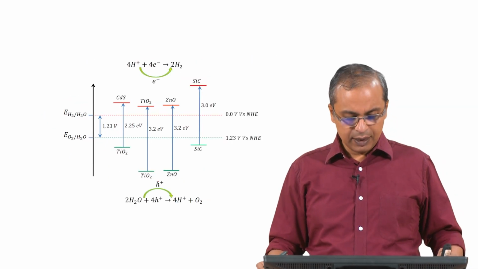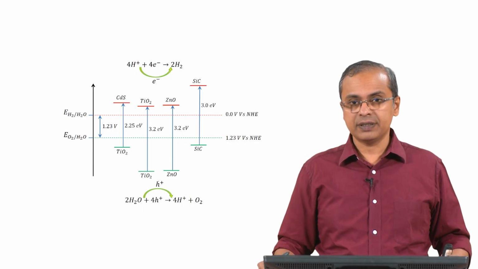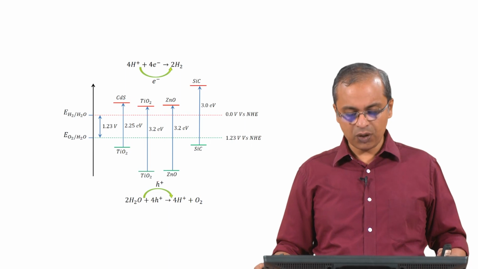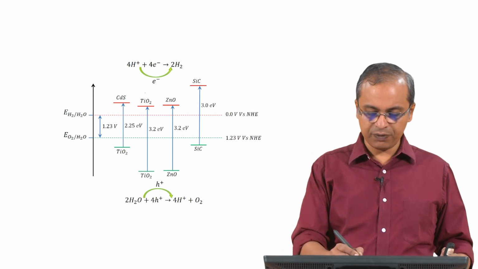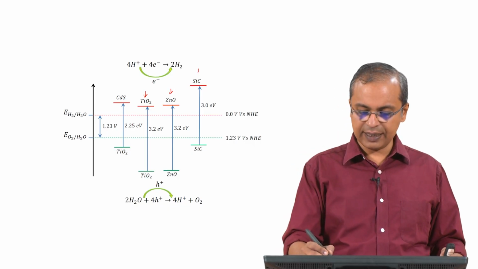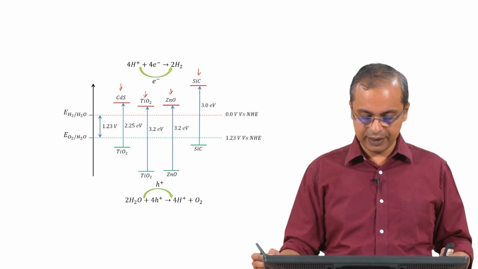Now, just to convey this idea of this band position versus the water electrolysis process, I have just shown you here not just the titanium dioxide, which is what we first looked at, but other materials. You have zinc oxide, you have silicon carbide, and you have cadmium sulfide. So, 3 different additional materials I am showing you.